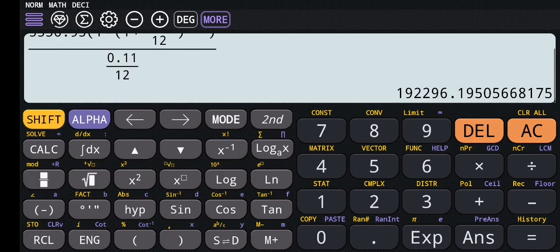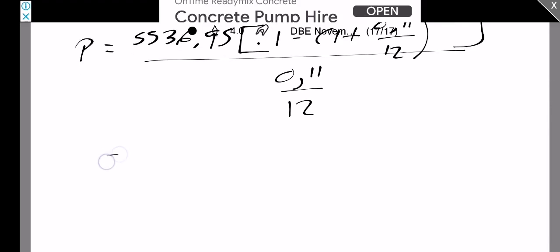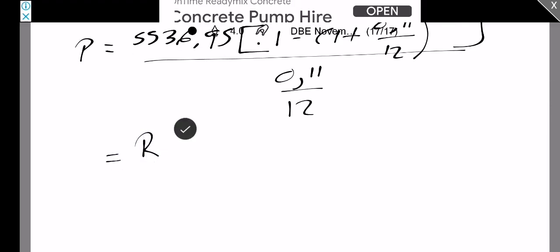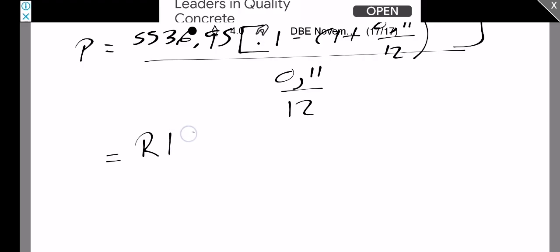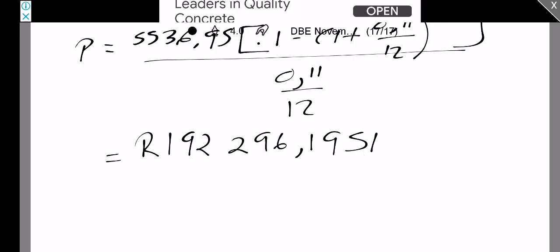192,296.1951. Let's round it off to at least 4 decimal places, because this is a mental calculation. Then it's going to be equal to 192,296.1951.